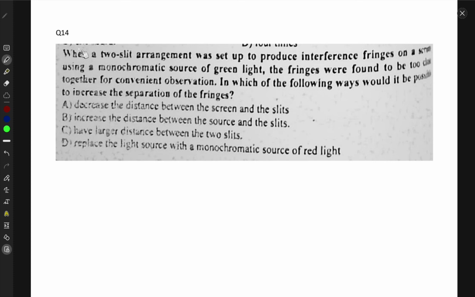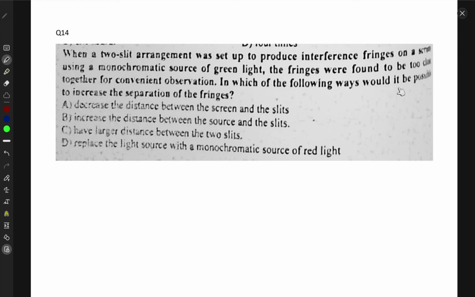It's a bit unclear, but I'll read it out. So when a two-slit arrangement was set up to produce interference fringes on a screen using a monochromatic source of green light, the fringes were found to be too close together for a convenient observation. So the fringes were so close that you could not really observe them properly.